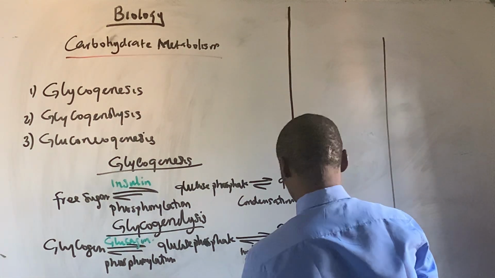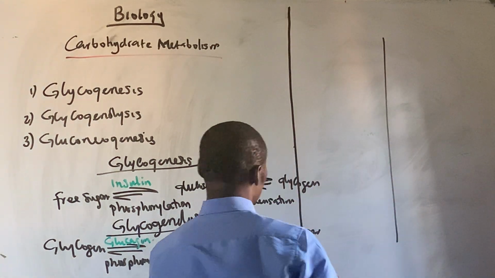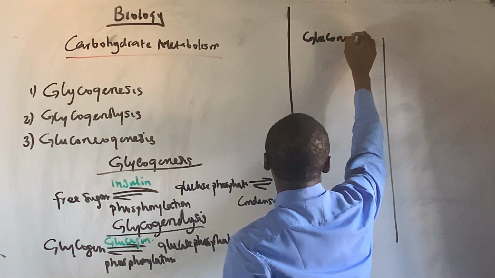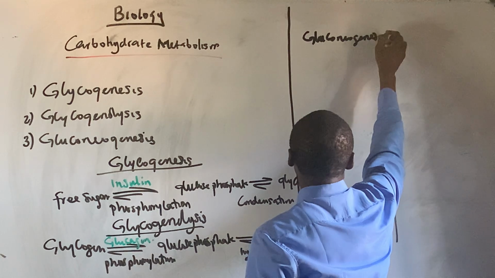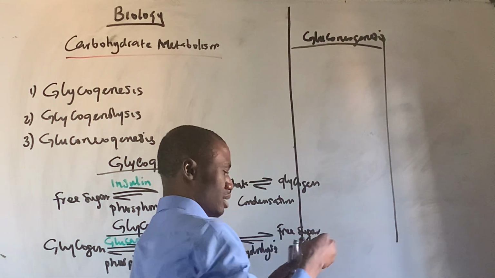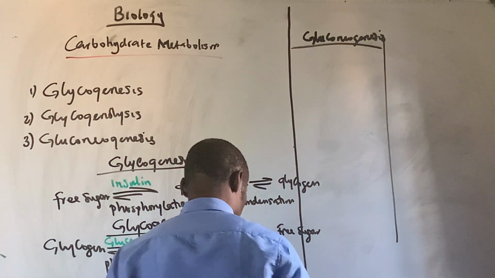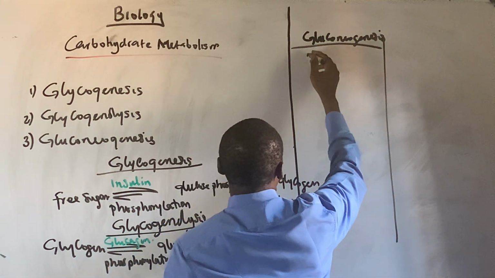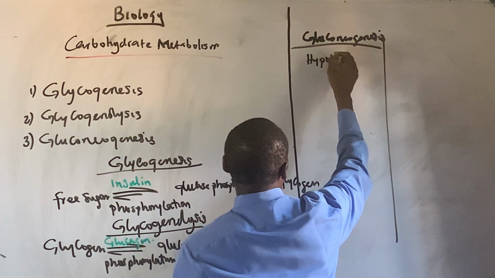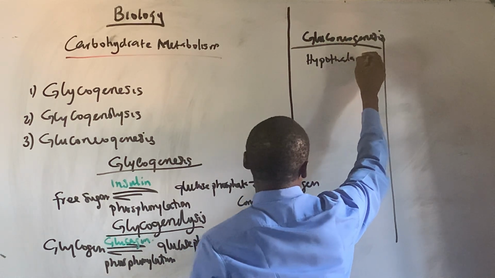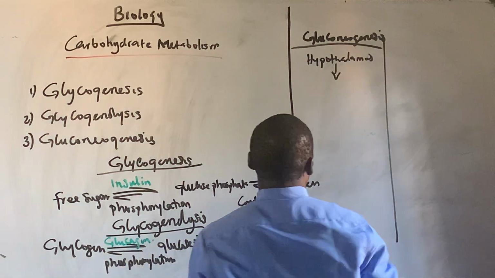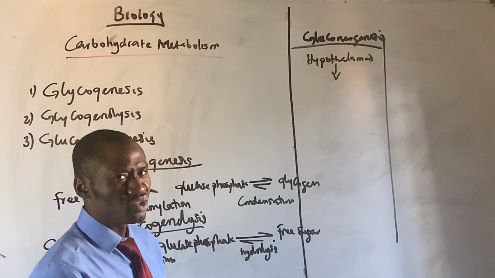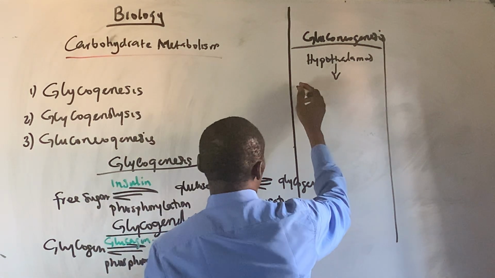Now let's have that there. I'll divide the board because it's going to take a longer period. We have gluconeogenesis. Okay, this pen is not too good. So it's starting from the hypothalamus. Now, the hypothalamus induces the pituitary gland, the anterior pituitary gland.